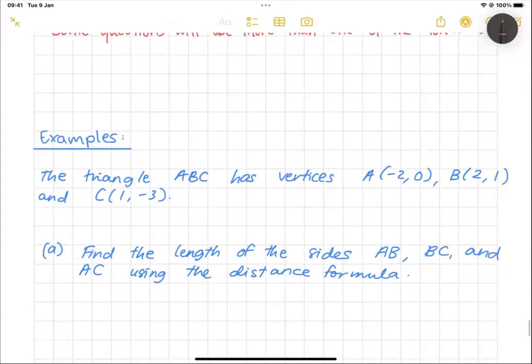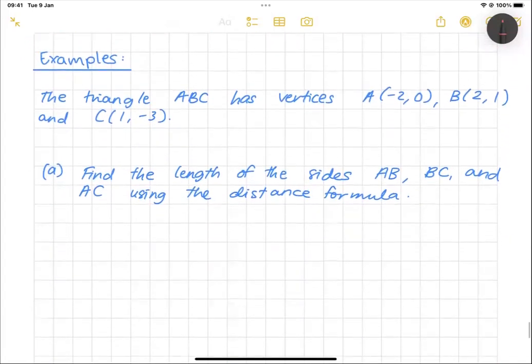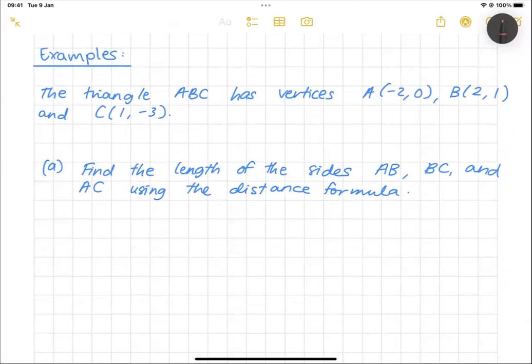That's really typical. Now, in our example, it says the triangle ABC has vertices A (-2, 0), B (2, 1), and C (1, -3). Find the length of the sides AB, BC, and AC using the distance formula. Looking at this example, this is very simple. It tells you what formula you need to use.